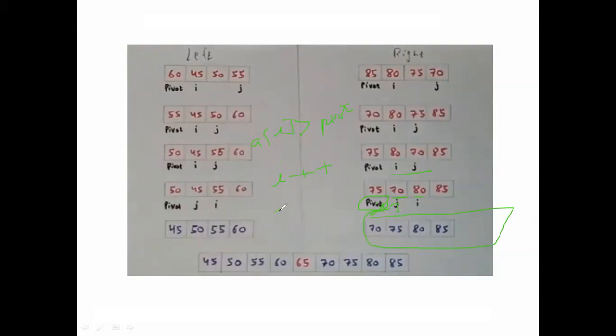Similarly, if A of j is greater than the pivot, decrement j by 1, j minus minus; otherwise stop. So this is the process of the quicksort algorithm.